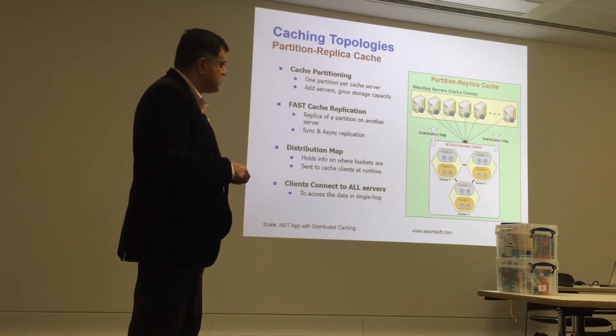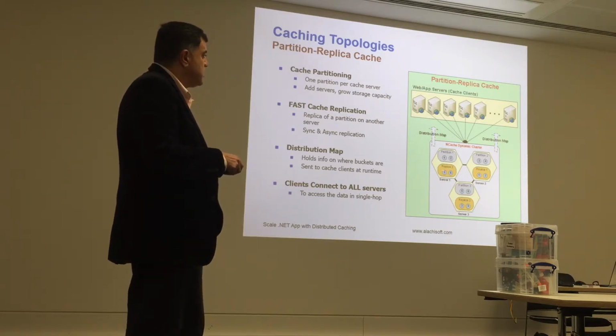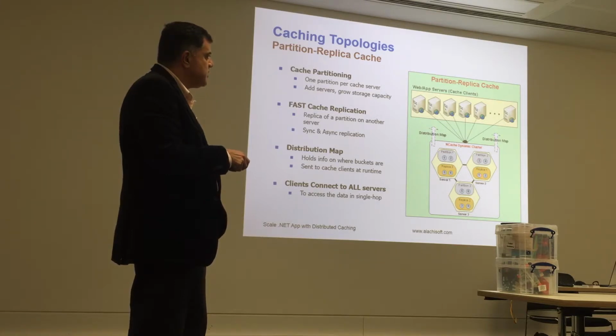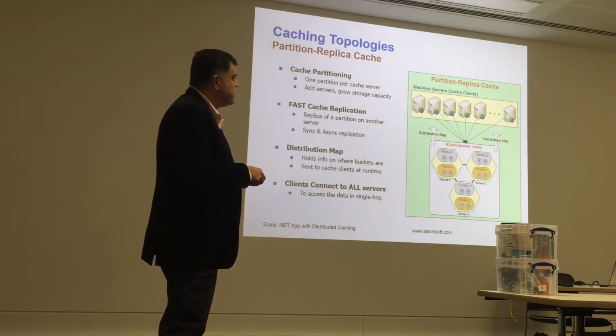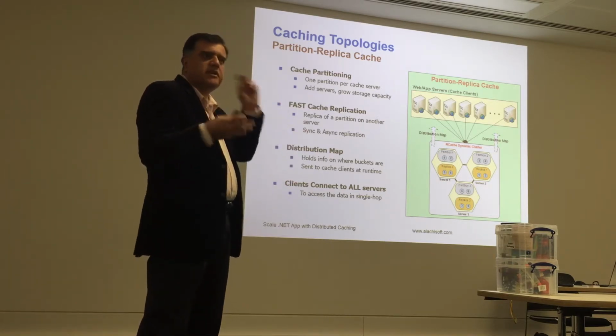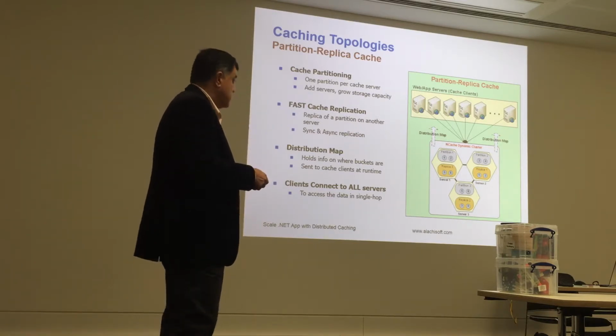Let's say that this server goes down. Partition 3 is down and replica 2 is down. What's going to happen is, in this topology, the partitions are active and the replicas are passive. That means the client can only talk to partitions, and the partition talks to their replica. So this server is down, and replica 3 now becomes active because partition 3 has to be available for it to be highly available.